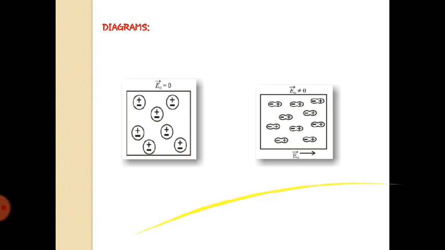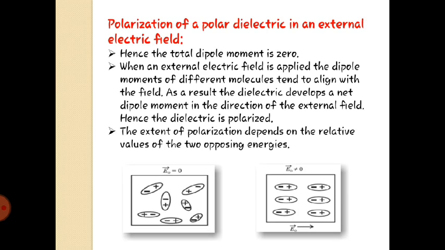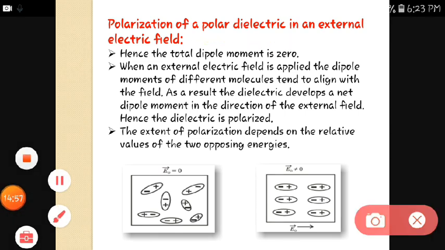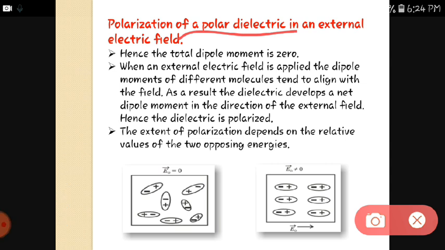Okay, let's see the second point, which is polarization of a polar dielectric in an external electric field. Now, what is a polar dielectric? The molecules in which the center of positive charge does not coincide with the center of negative charge, and there is a net dipole moment for the polar dielectric.